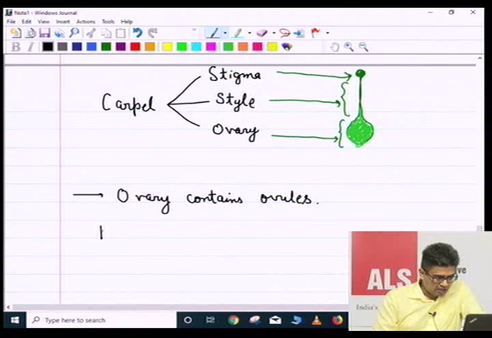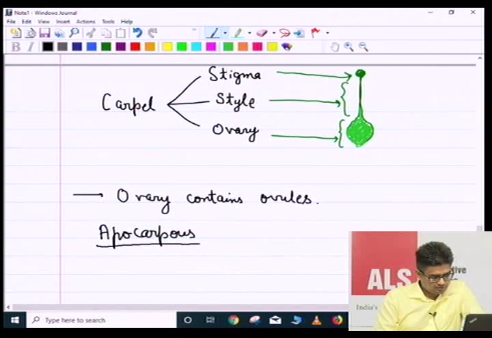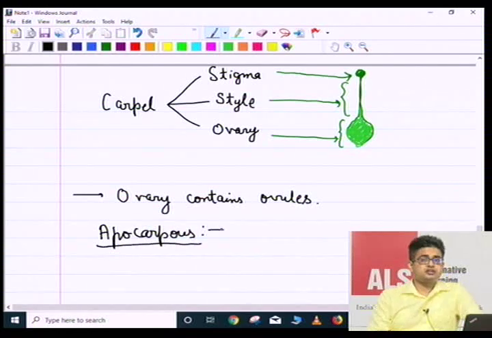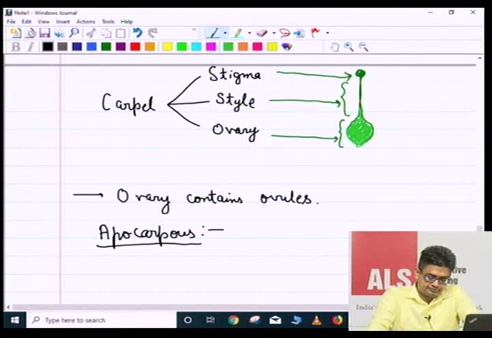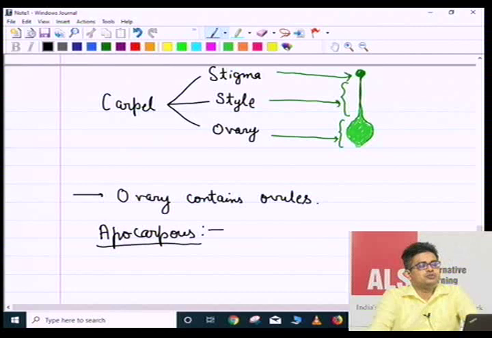Okay. Apocarpous condition. What is apocarpous condition? These are conditions of carpels or ovary. Okay. So, what is apocarpous condition? Anybody? What is apocarpous condition? Okay.